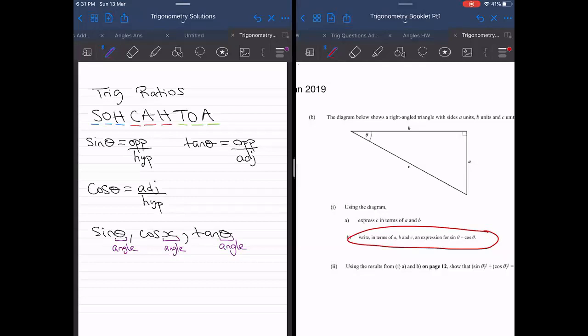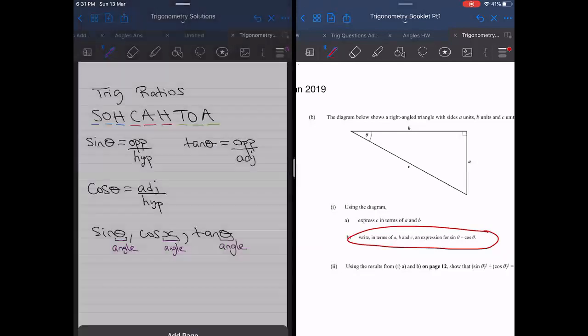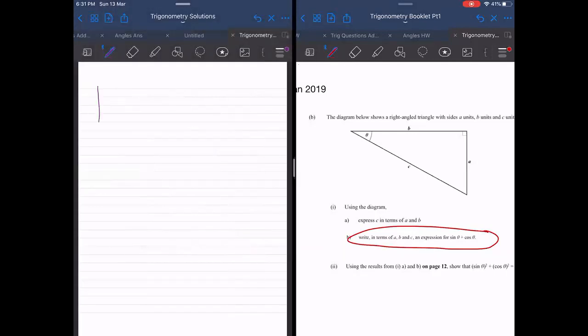All right, so let's look at how to identify the different sides. So let's go back to that.